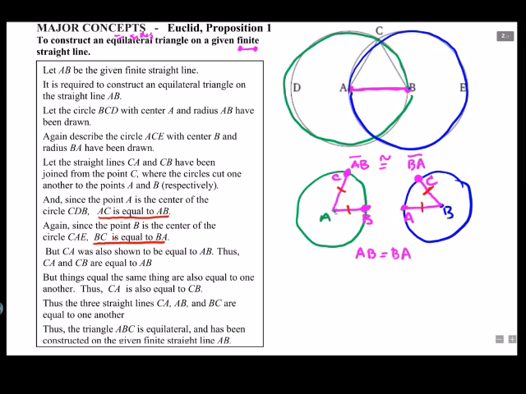So let's go back up to our diagram here. We have green circle with radius AB and radius AC. We have blue circle with radius BA and radius BC. And what do I know about all of these radii? They're congruent. And if all of those lengths are congruent, then the triangle they form is an equilateral triangle.